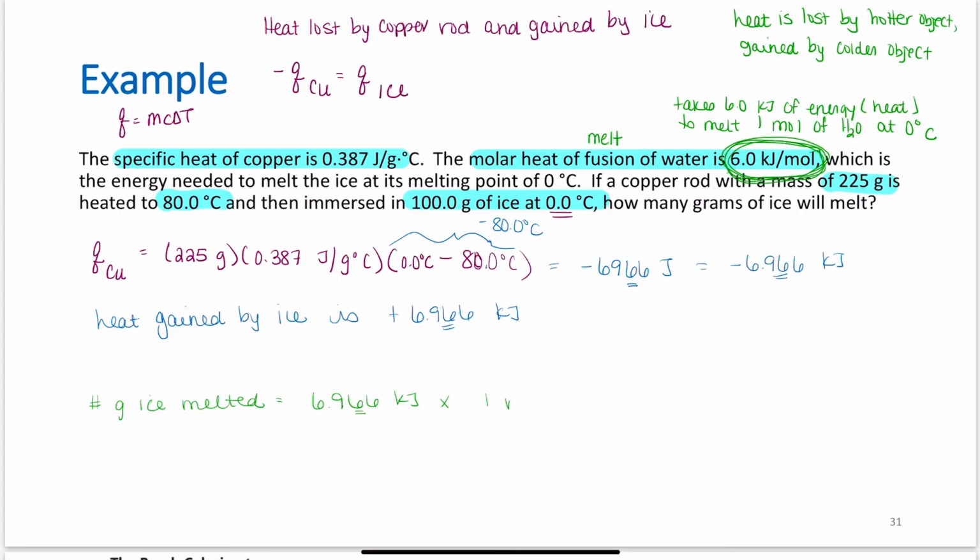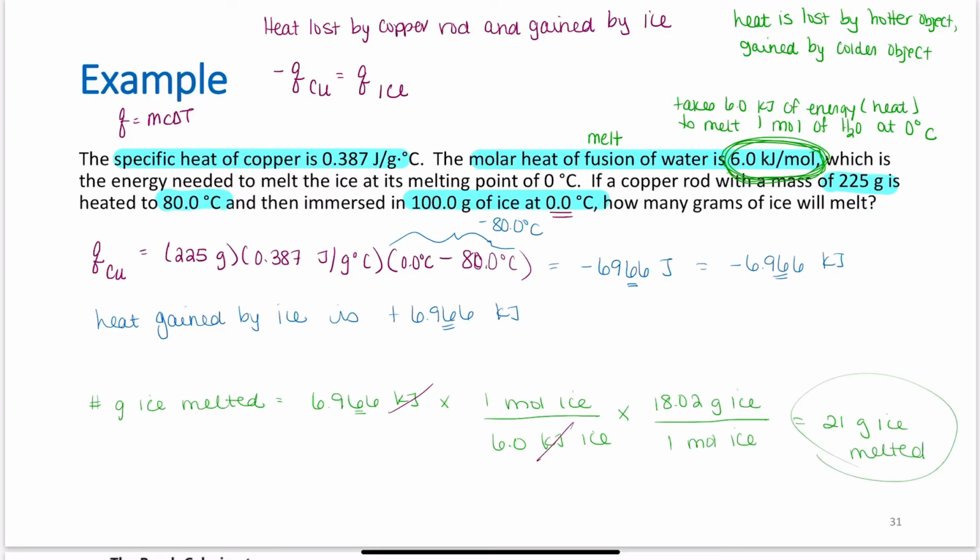This tells me 1 mole of ice to 6.0 kilojoules. That cancels out my kilojoules. Now I've got moles of ice. I know there's 18.02 grams of ice per mole. That gives 21 grams of ice melted.